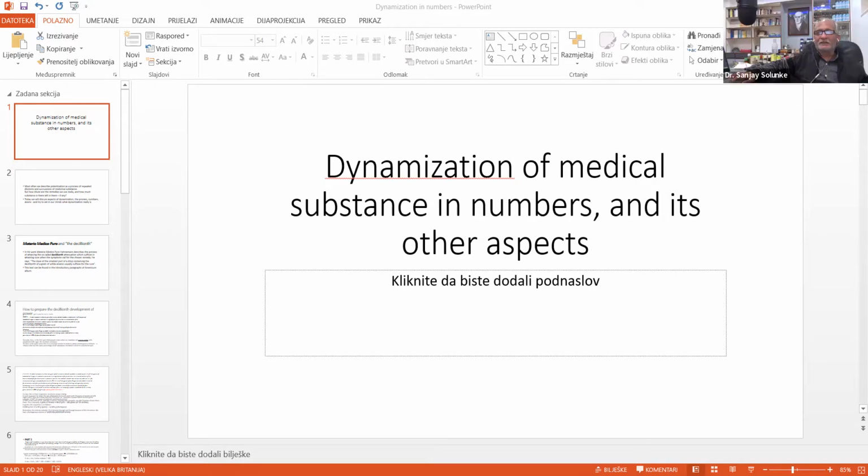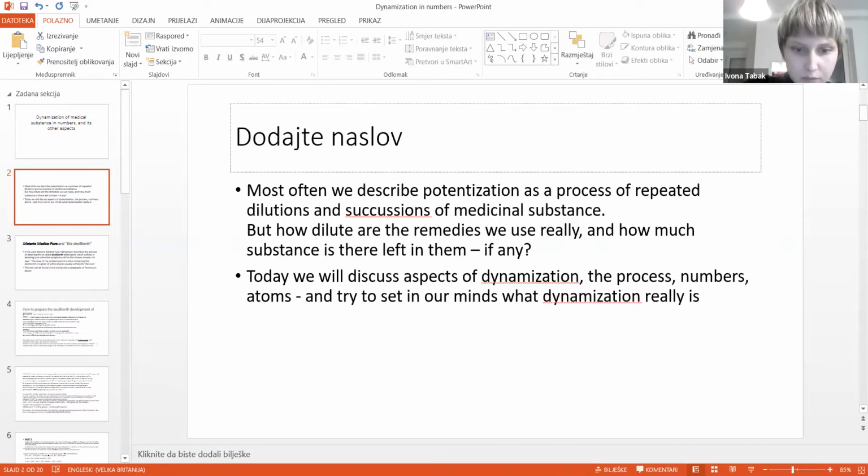Try sharing the screen again, exiting and then sharing it again. Maybe it will work. Yes, see, now it's changing the slides. There we go. Now it's not in full screen, but I guess that doesn't matter. No, it's okay. We can still read it.